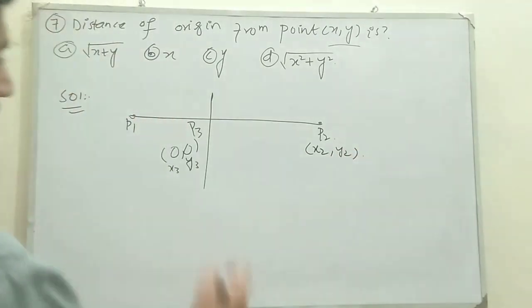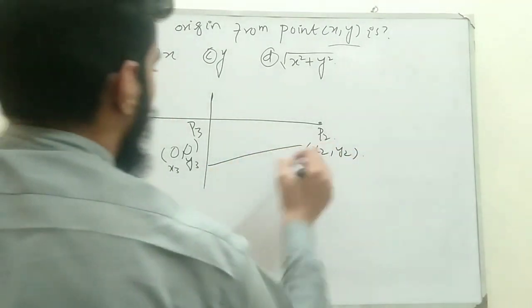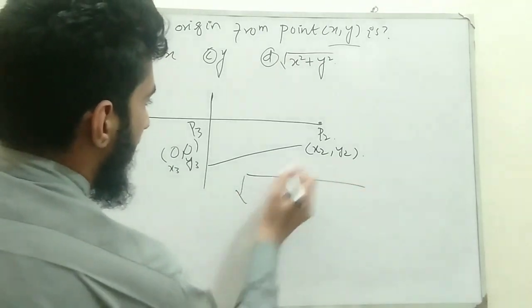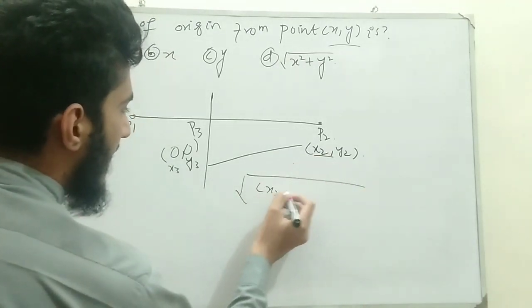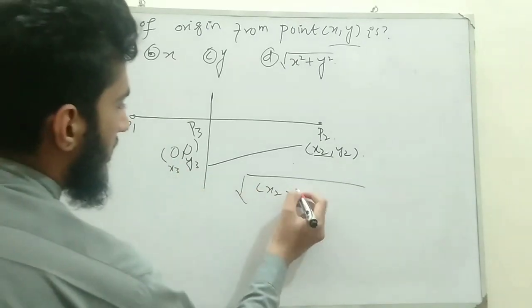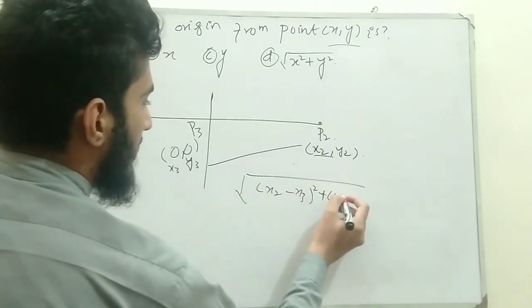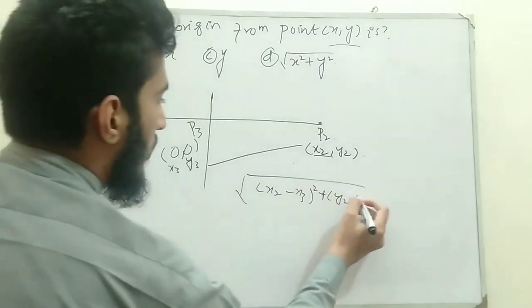We need to find the distance between these two points. Using the distance formula, which tells us that the distance is under root of (x2 minus x3) whole square plus (y2 minus y3) whole square.